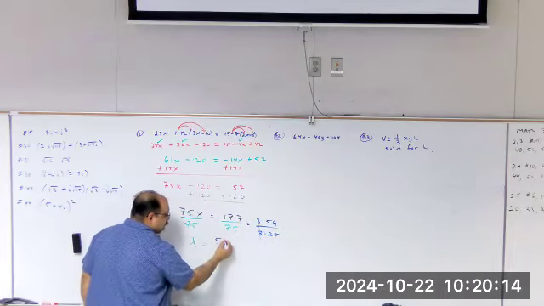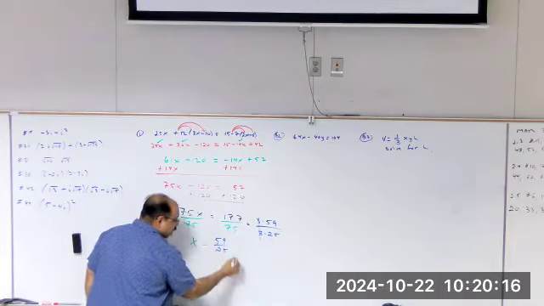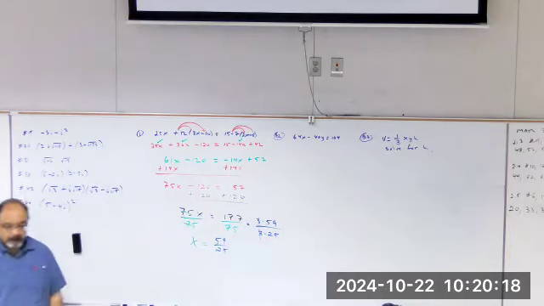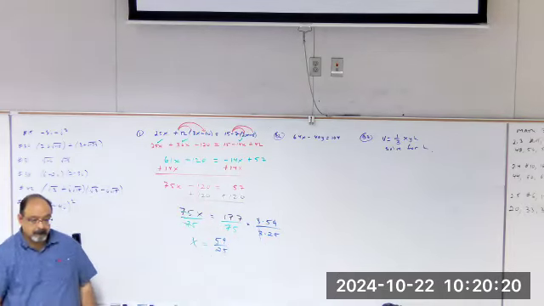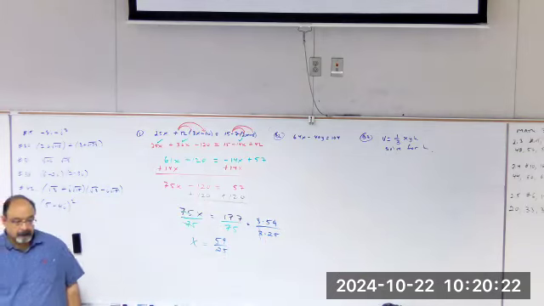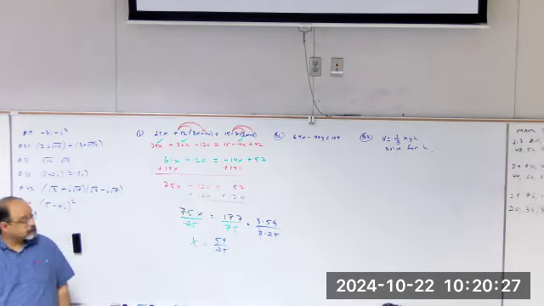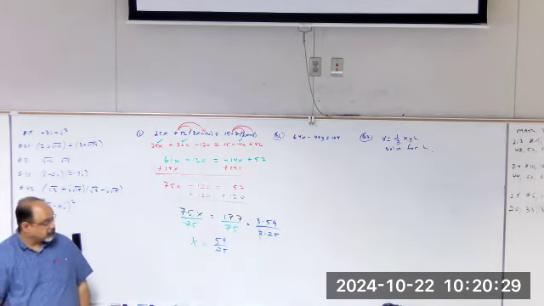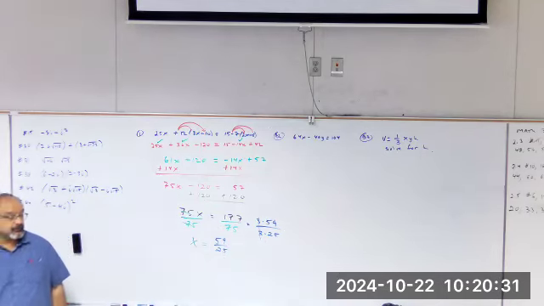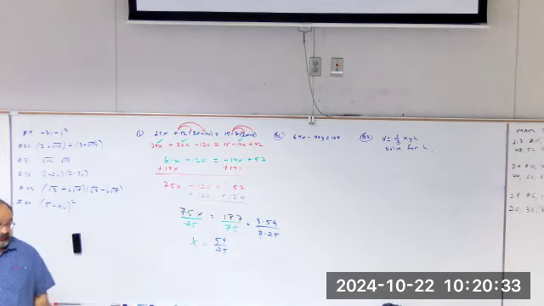So the final answer is 59 over 25. Reduce it to lowest terms. It's on every quiz, it's on every test. Reduce your final answer, simplify to lowest terms.